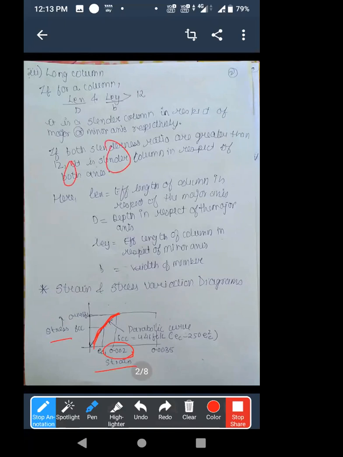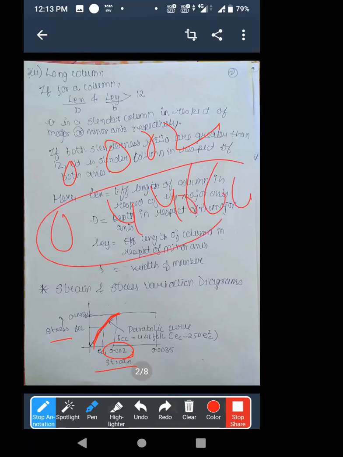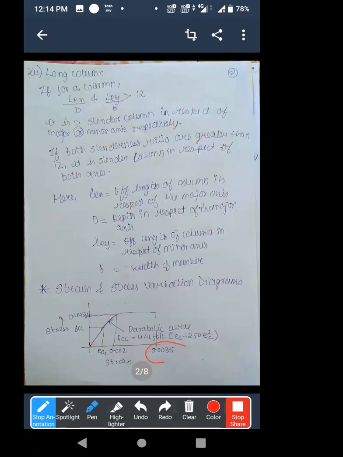Up to 0.002 strain and 0.446 Fck, the diagram goes parabolically, and then it becomes constant when the strain reaches 0.0035.